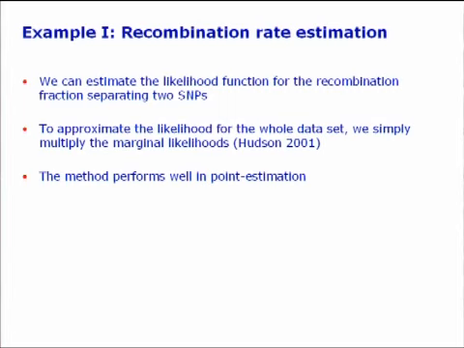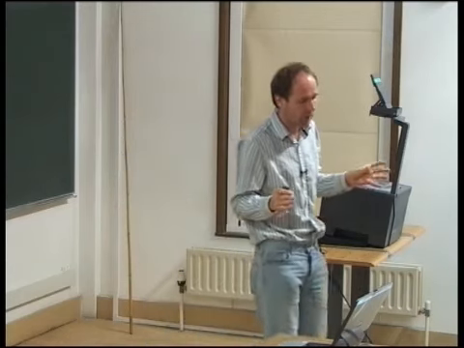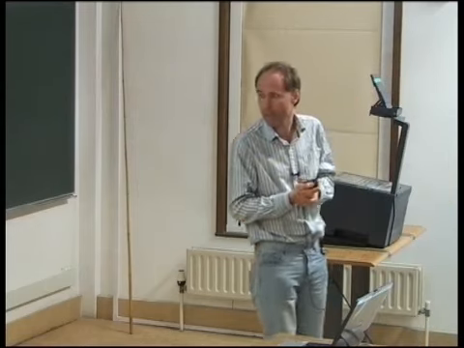Okay, so it's a naughty thing to do. You're treating these subsets of the data as independent when they're clearly not independent. But if it leads to a useful method of inference, you might be forgiven. So how does the method do? You'll see in a second, but to cut a long story short, it does remarkably well in terms of point estimation.